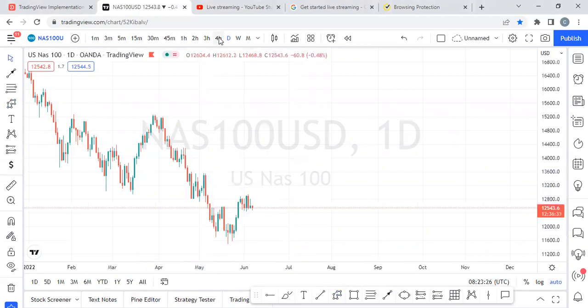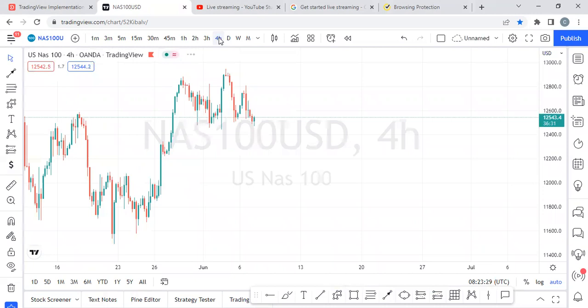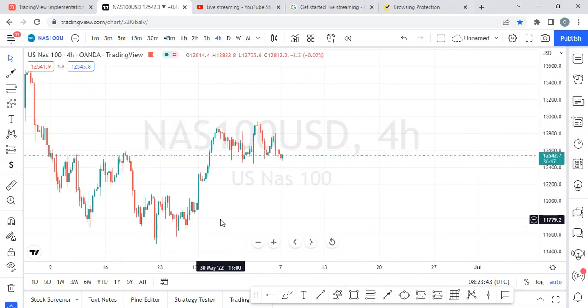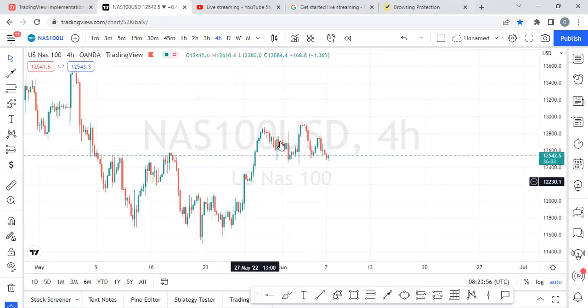So let's go to the 4-hour time frame, see if there's anything of interest. All right, so currently what I'm seeing here, I'm calling it a kind of bullish structure for me, although price is currently higher.